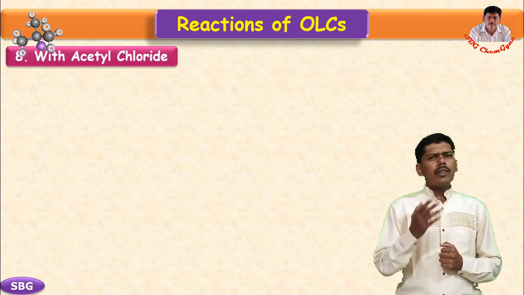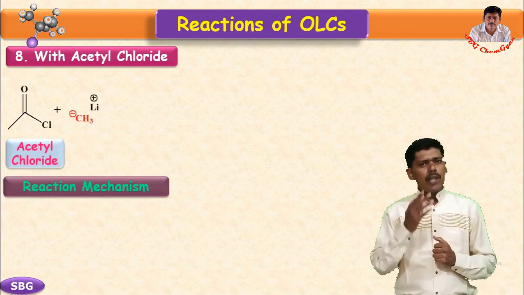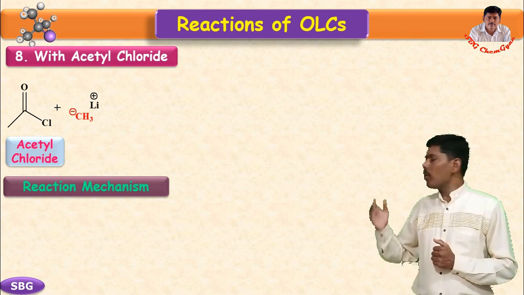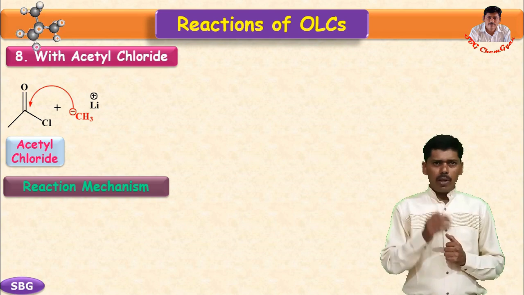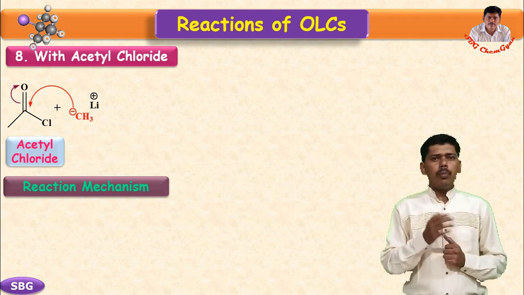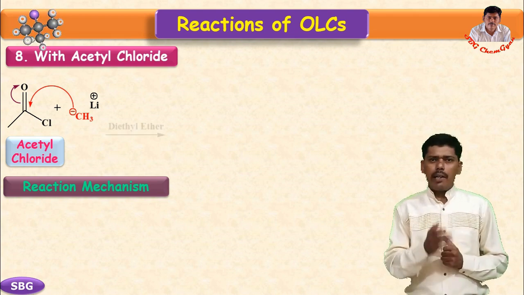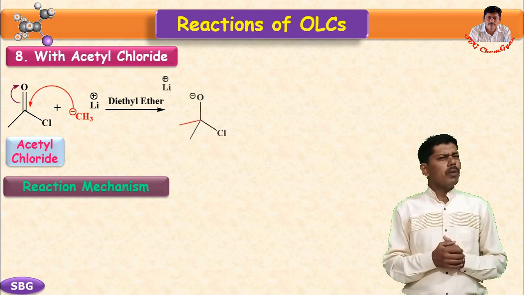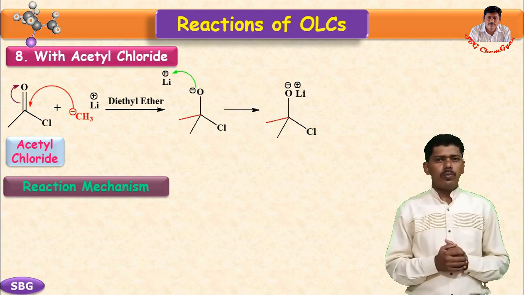Here we are studying the mechanism of this reaction stepwise. Reaction mechanism starts with nucleophilic carbon of methyl lithium attacking the electron deficient carbon of acetyl chloride with the opening of the double bond between carbonyl carbon and oxygen attached to it. The formation of tetrahedral intermediate takes place with lithium ion.